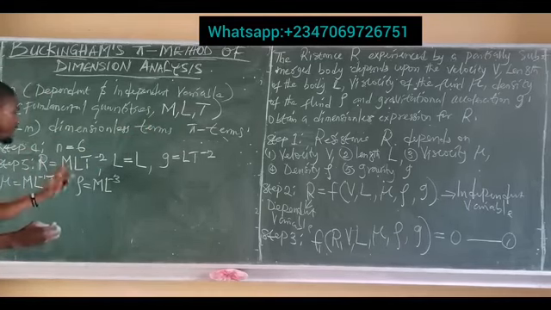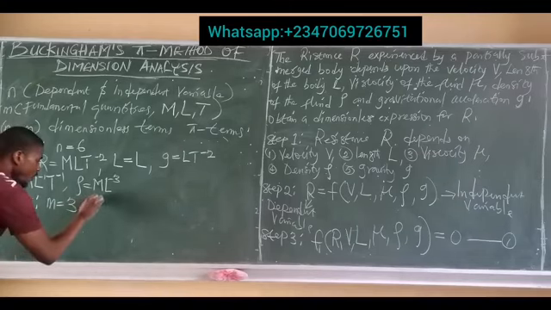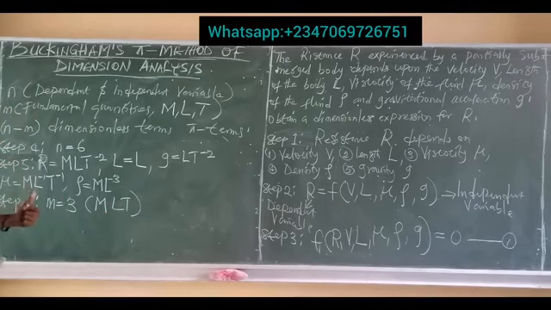We have M, we have L, we have T. This simply means that step 6, m is equal to 3. The total number, because they all form MLT, gives us 3, which means the number of fundamental quantities involved is 3.